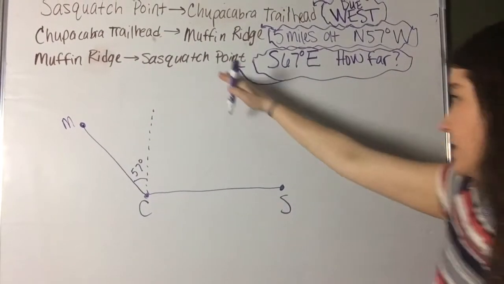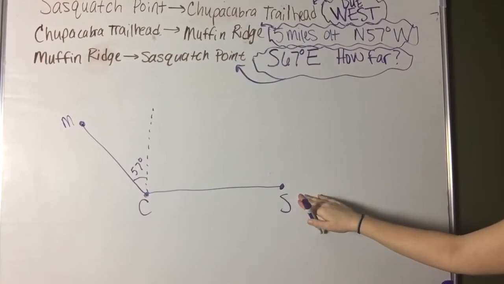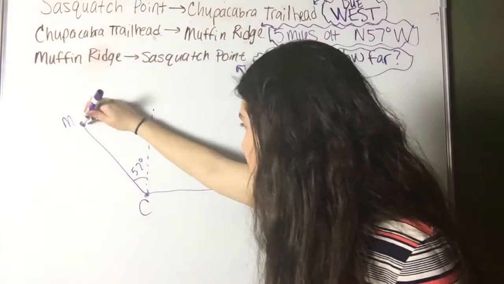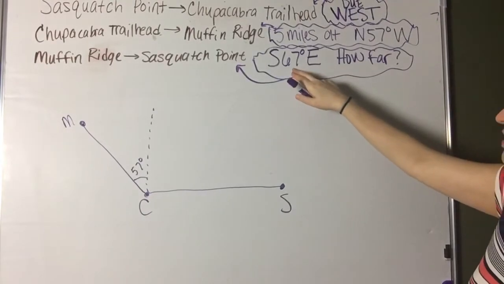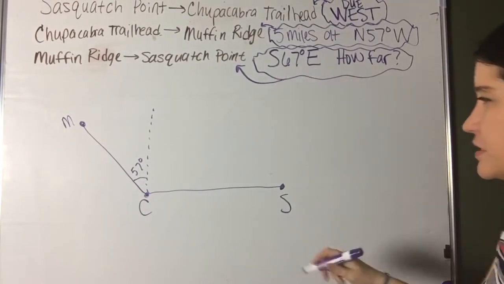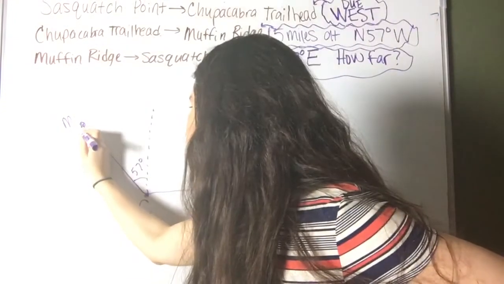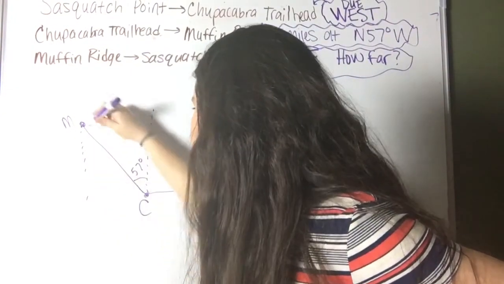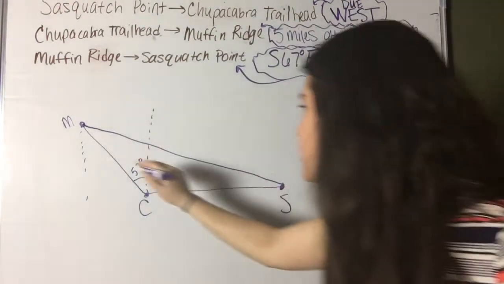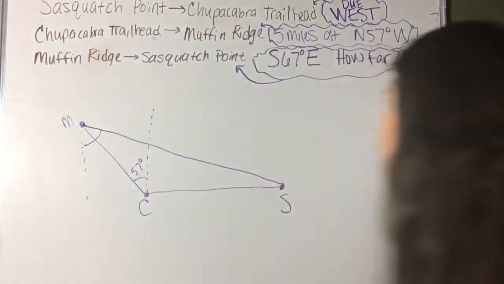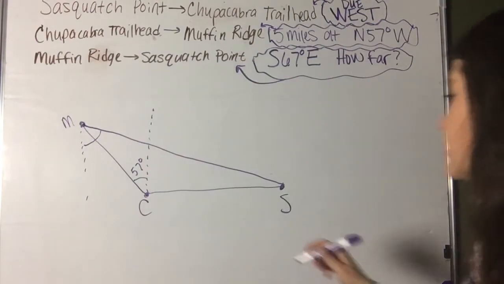Then she's going to head back to her starting point at Sasquatch Point. And it says that in order to get there, she needs to walk 67 degrees southeast. So if I were to draw a south reference line in, and then I draw a line from Muffin Ridge to Sasquatch Point, this angle right here is 67 degrees.